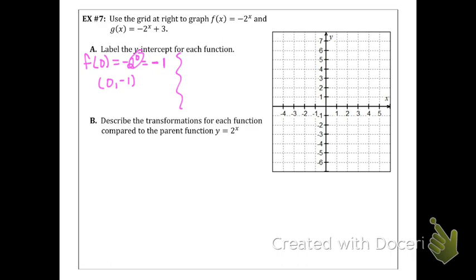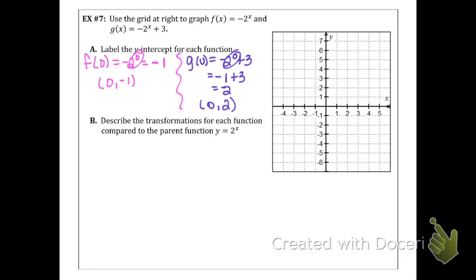And then for g of x, PEMDAS says exponents first. I have negative, that's 1, plus 3, so we get 2. So we know it's going to be a 0, positive 2. Let me write myself down some ordered pairs just to help me out.